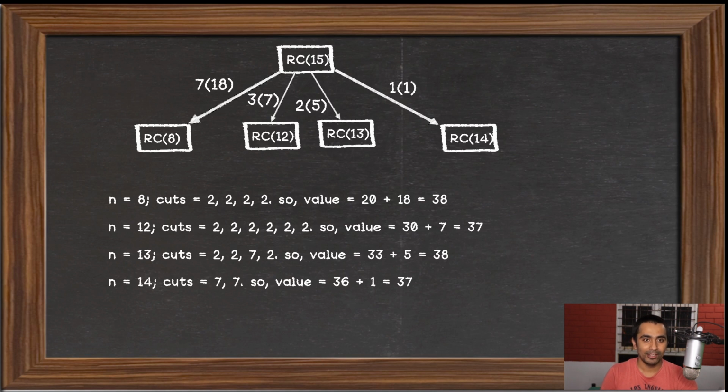So basically, to get the maximum value, we have to cut it into 5 pieces, out of which one piece is of length 7 and the remaining pieces are of length 2.